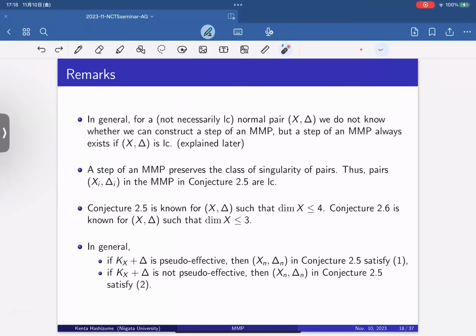For example, the existence of a good minimal model is proved for LC pairs such that the dimension of X is not greater than 4. And the abundance conjecture is proved in the case of dimension not greater than 3. So the problem is the higher dimensional case.